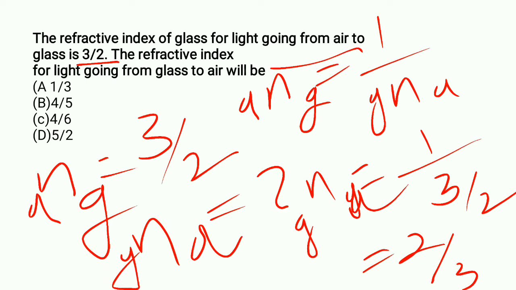So here we will get confused, as there is no option 2/3 in the question. Look carefully at option C. If you simplify 4/6, you will get 2/3. So option C is the correct answer.